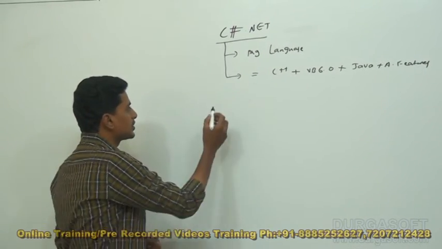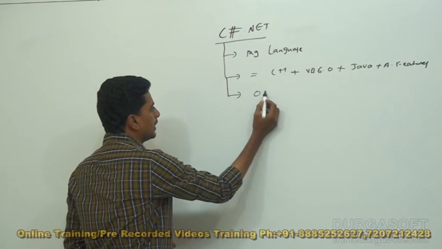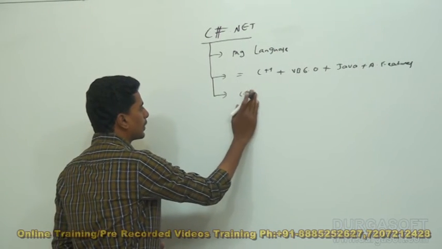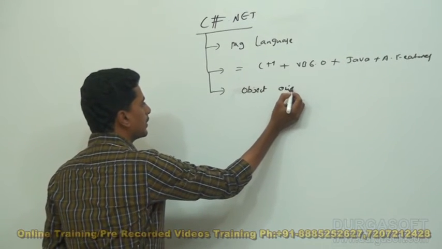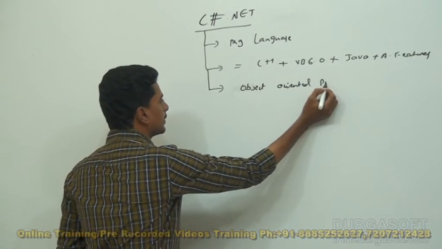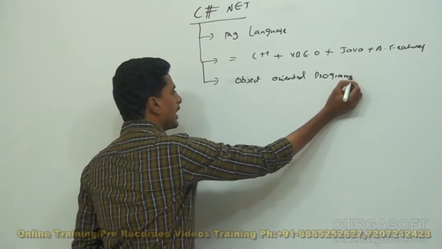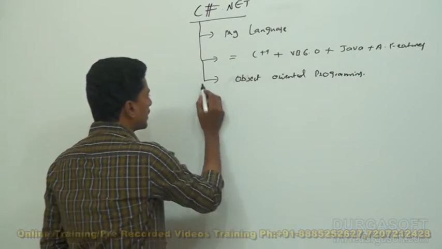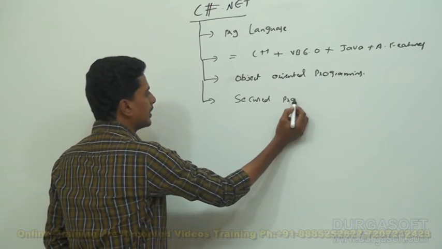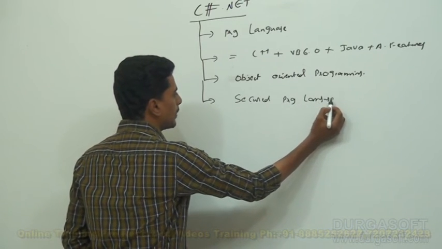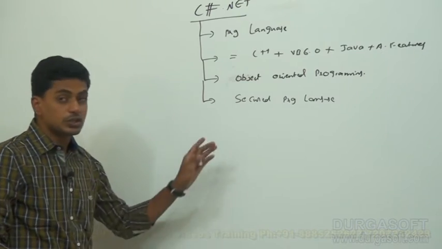C#.NET is a purely object-oriented programming language, and it is a secured programming language because we provide more security in C#.NET.